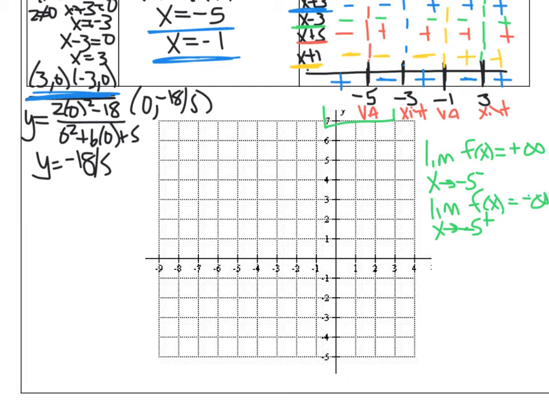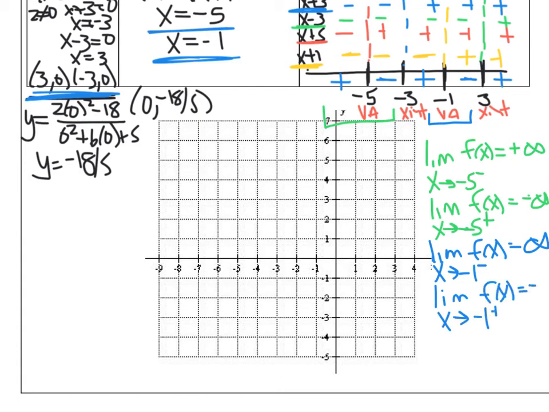Now I'm going to look at the negative 1, so that's looking here. Limit as x approaches negative 1 from the left. To the left of negative 1 is positive. Limit as x approaches negative 1 from the right is negative infinity. Look at those great infinities.